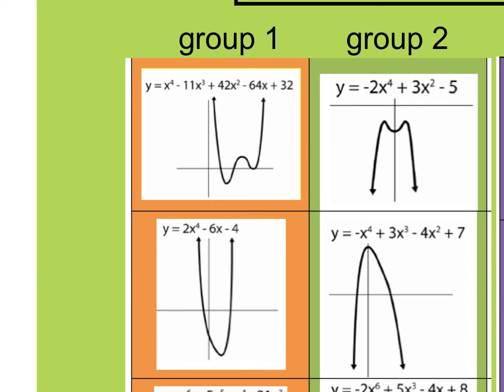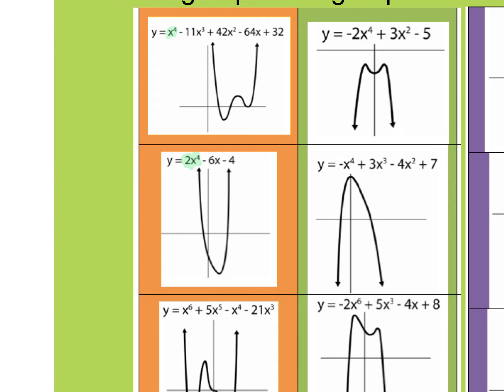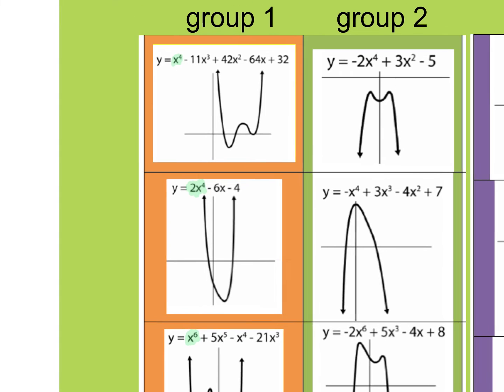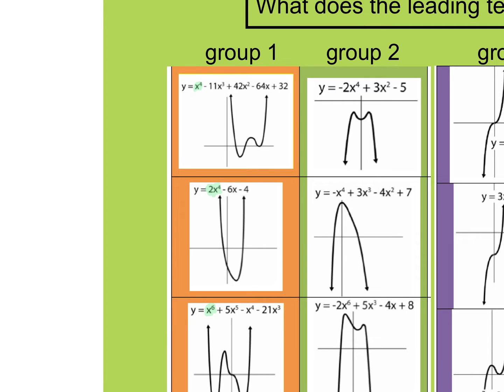So you'll notice in group 1 how each of these polynomials all have an even degree. So they've got a 4th degree, and then a 6th degree. So all these degrees are even, and they also have a positive leading coefficient.